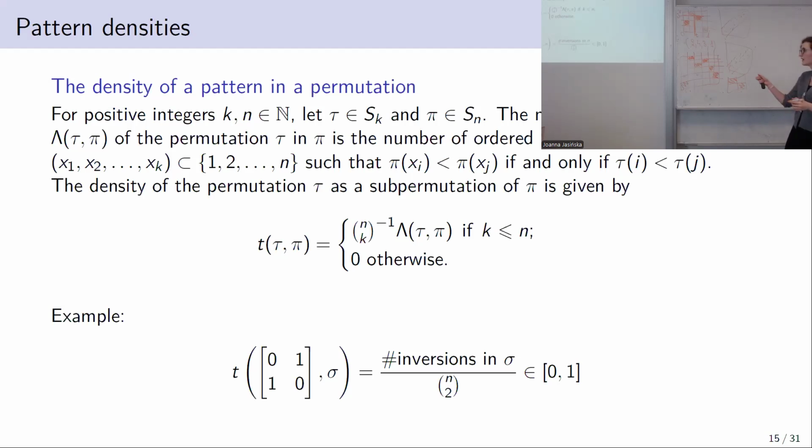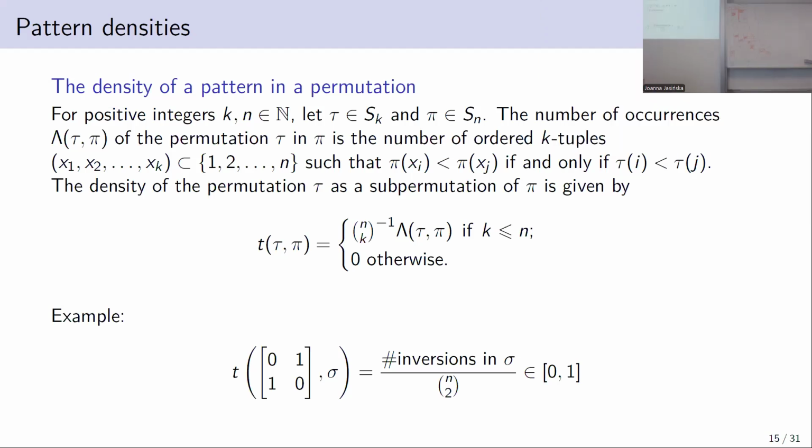If I count all of the occurrences of this pattern and divide by the total number of tuples of the length of this pattern, then this is naturally the density of some permutation that is my pattern in a bigger permutation. As I mentioned, in the example with inversions, the density of inversions is the number of occurrences of such a pattern in a bigger permutation divided by n choose 2. It's always a number between 0 and 1.